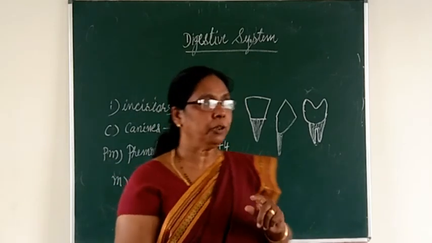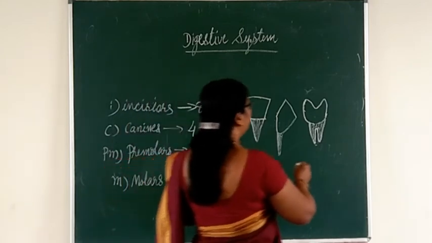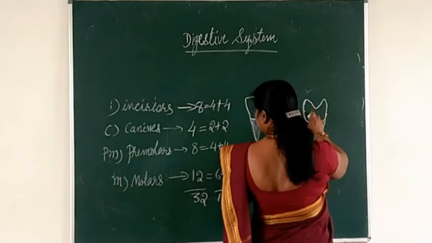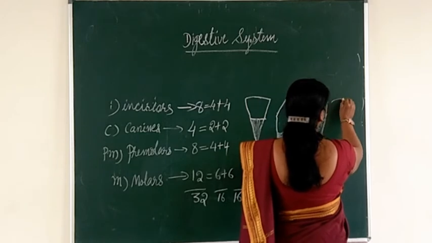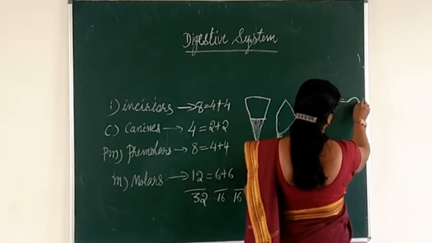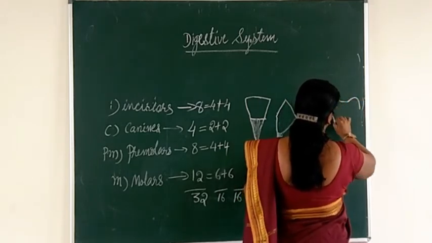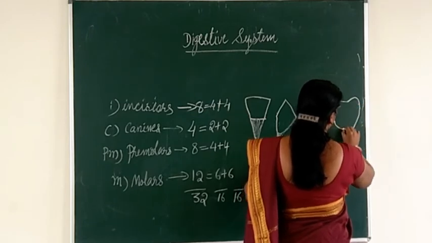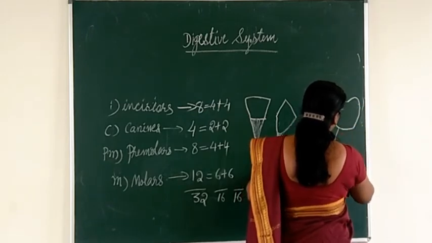And what is the shape? You can see it has 3 roots. Compared to these premolars, it has a wider region and somewhat 3 roots you can see here.